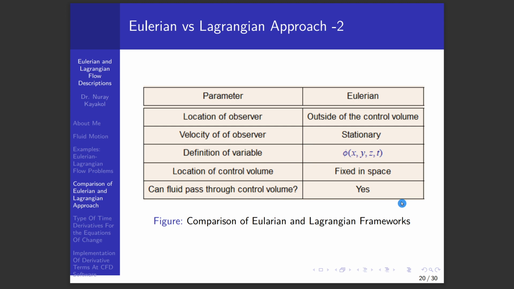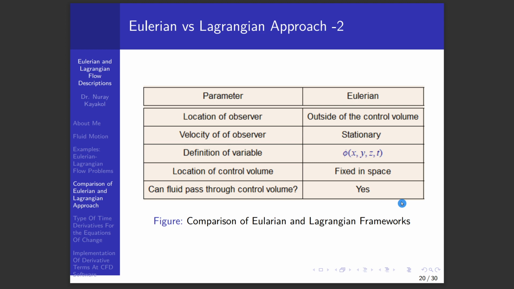On the left-hand side, you see some parameters and how we deal with those parameters in the Eulerian approach. The location of the observer is outside of the control volume. Remember, I gave you a traffic flow example. The observer was standing outside of the highway.